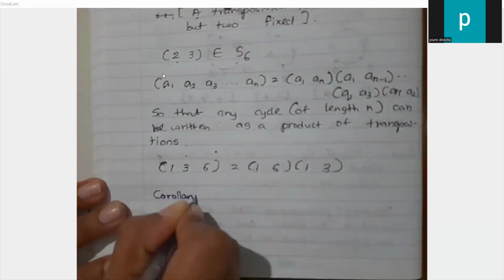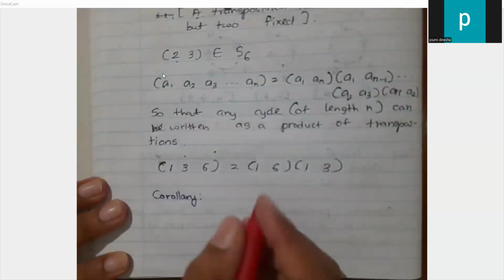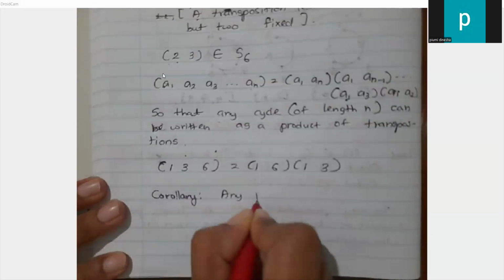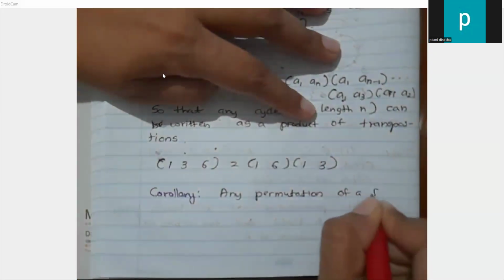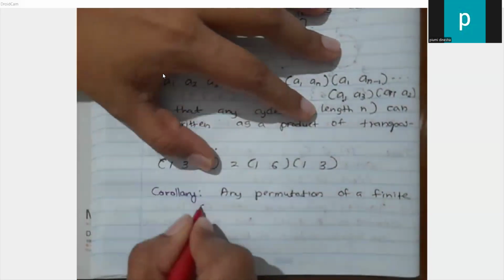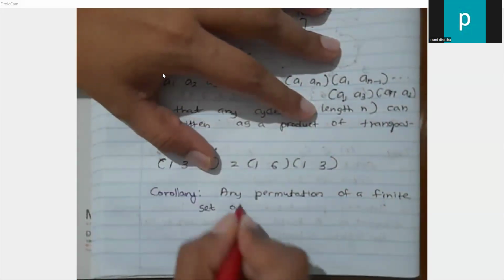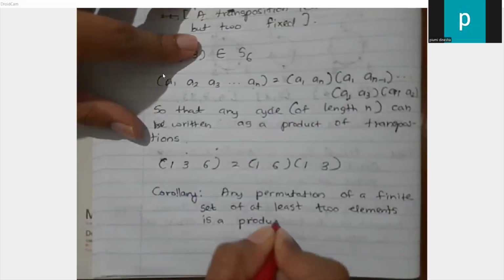Now, we will give this as a corollary. Any permutation of a finite set of at least two elements is a product of transpositions.